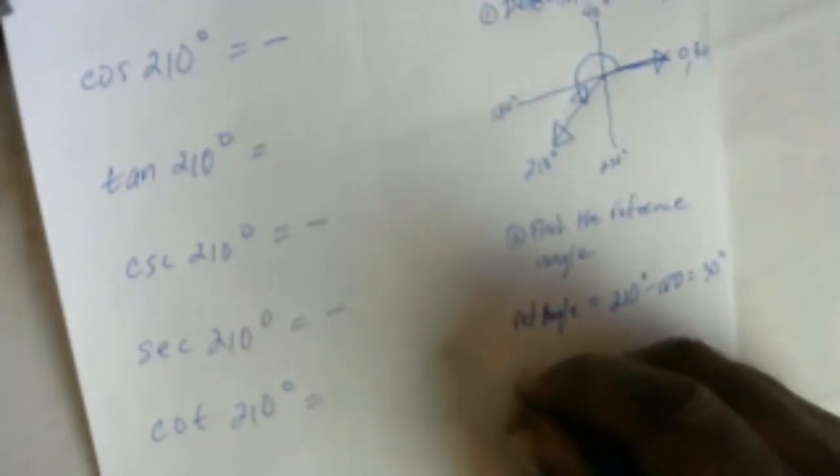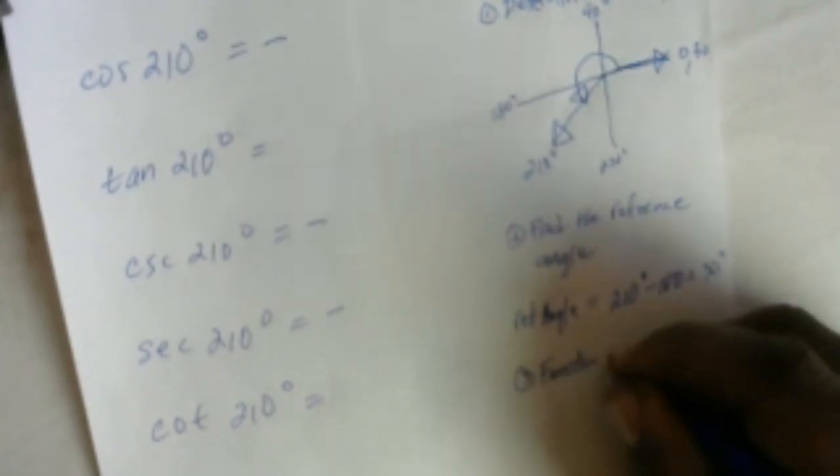So how does this help us? The third thing we want to do is use the function of special values chart, which is this.